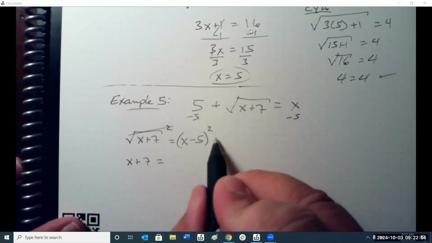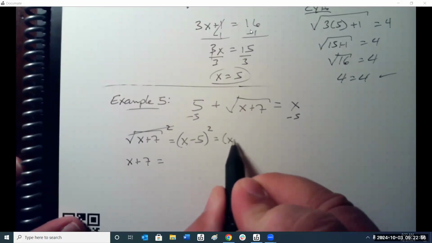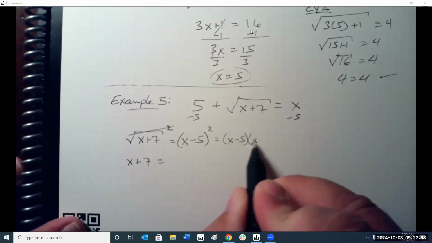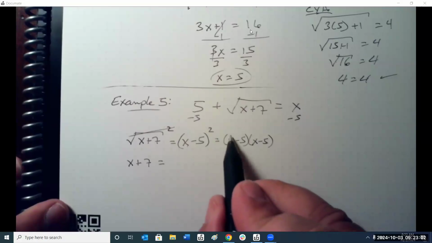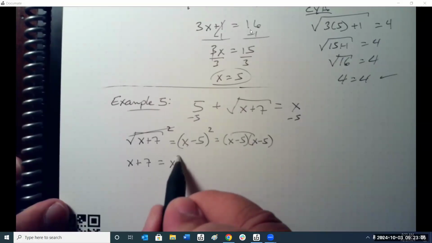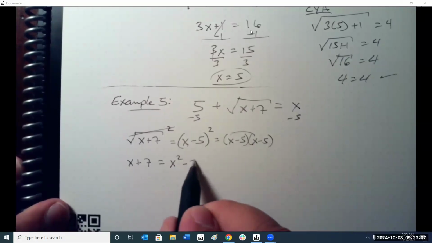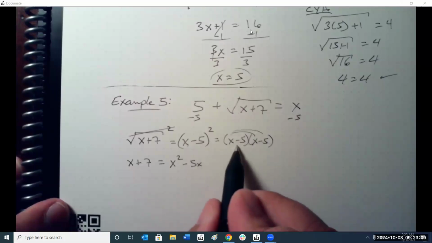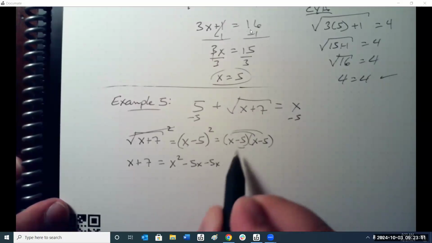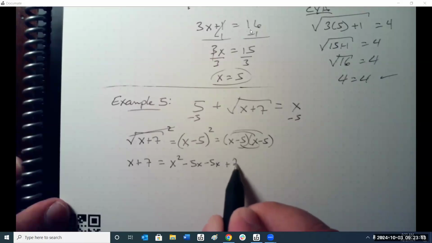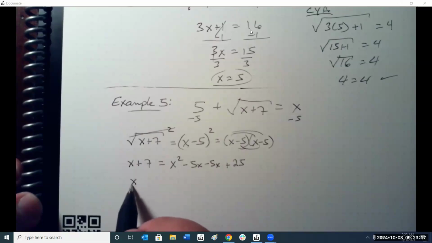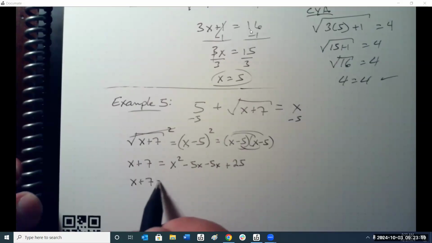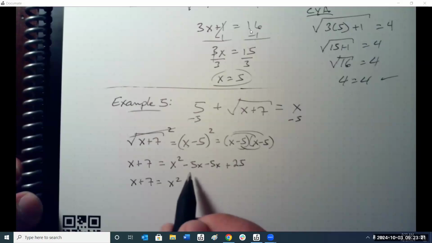Now this one becomes x minus 5 times x minus 5. So with the FOIL, x times x is x squared, negative 5x, negative 5x, positive 25. Combine like terms, so it's negative 10x.